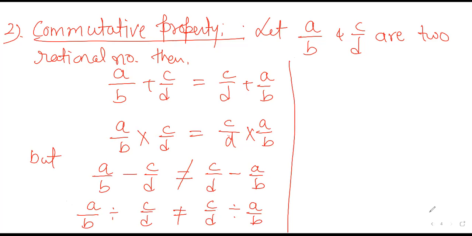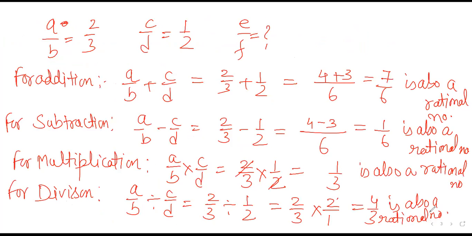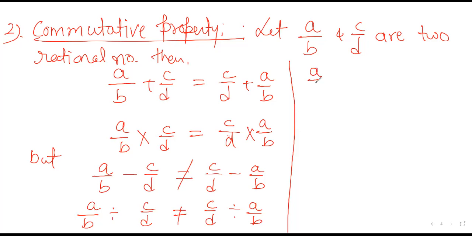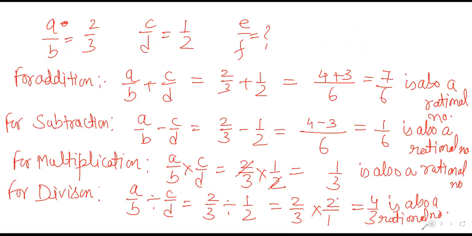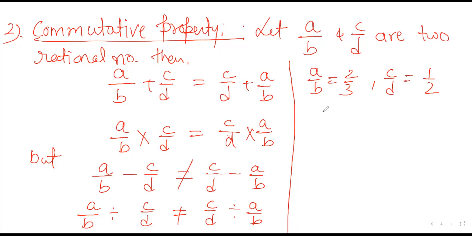Let us suppose the examples we have taken earlier. a upon b is 2 upon 3, and c upon d is 1 by 2. So if you add them, then there is no problem. I'm checking for subtraction and division. For addition and multiplication, you will do it yourself because we have done it in the previous method.